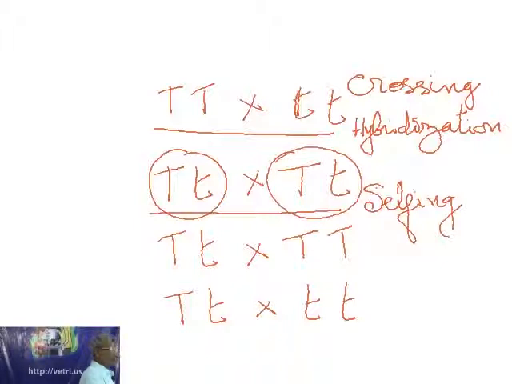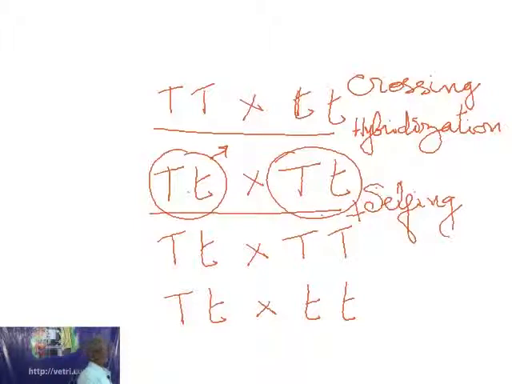In fact, it is not a crossing. You take the pollen grain from one plant and dust it over the stigmatic surface of the very same plant. Here I have written the plant twice, but the plant involved is only one. No 2 plants are involved here. That is why it's called selfing. You collect the pollen grain from this plant, if it is a male plant, and dust it over the stigmatic surface of this one. That is called selfing.